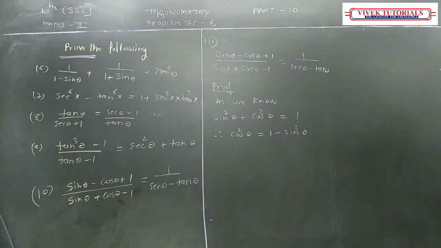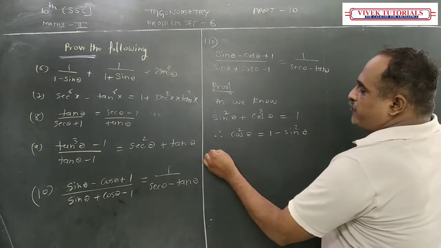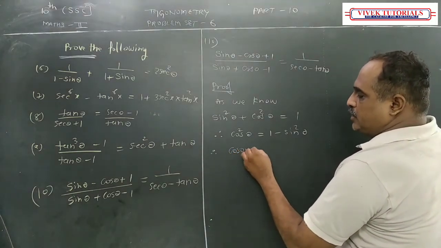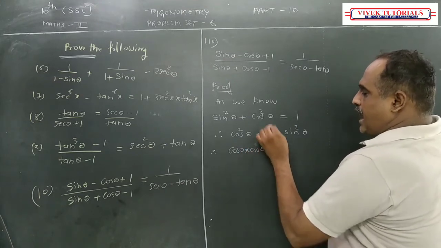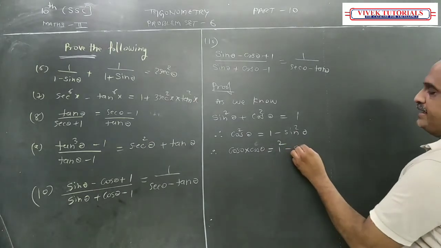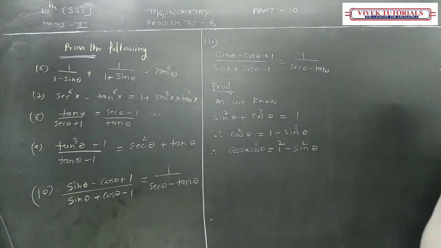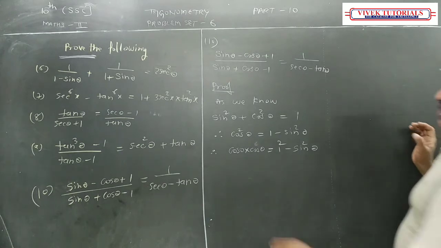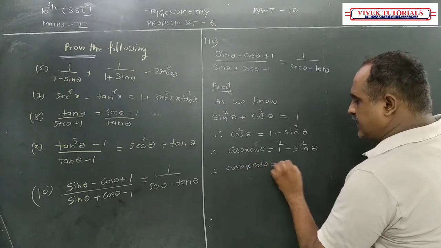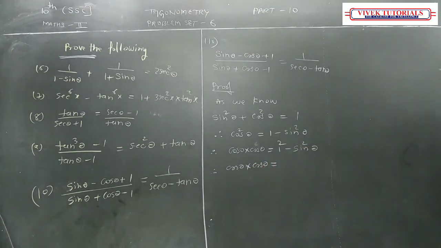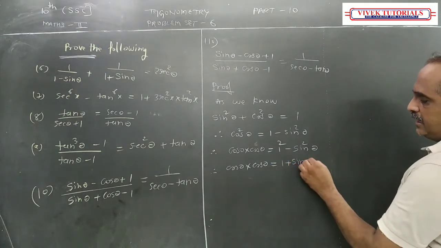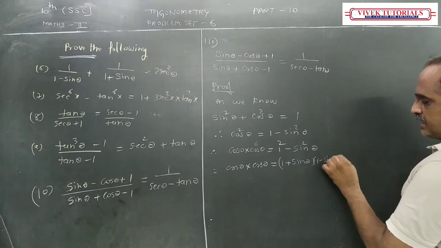So instead of cos square theta, I can write cos theta into cos theta, and instead of 1 we will write 1 square, and here minus sin square theta. Therefore, cos theta into cos theta is equal to, applying the formula of a square minus b square, 1 plus sin theta into 1 minus sin theta.